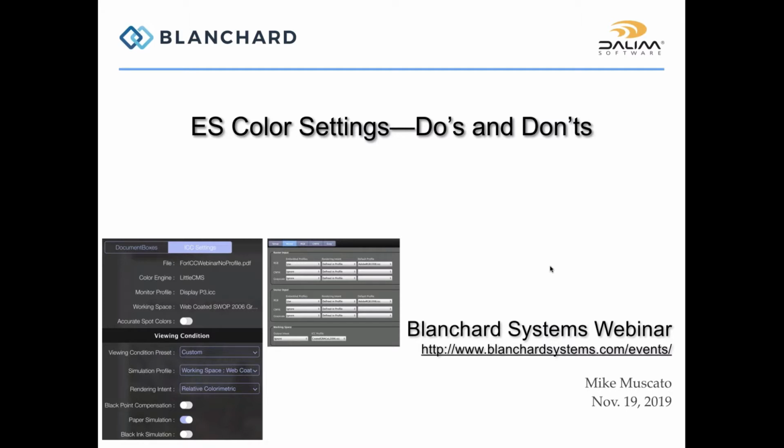Why did we pick this subject for this month? We get support calls every now and then, and when we look at them, we realize that the issue that's really being described is just due to misunderstanding of how the color settings within ES should be configured, be that the color space settings, the viewing condition settings, or sometimes both of them.